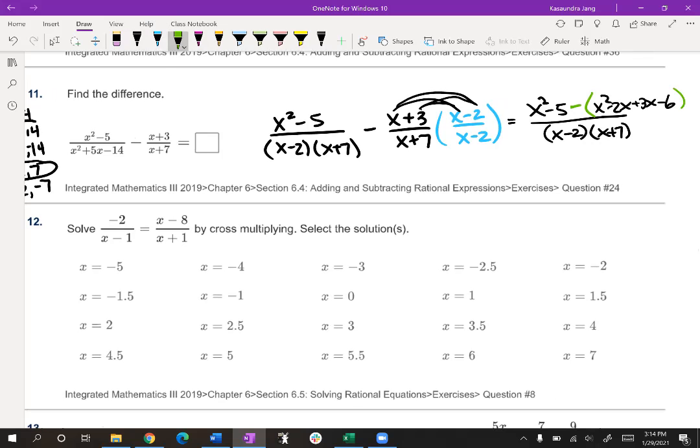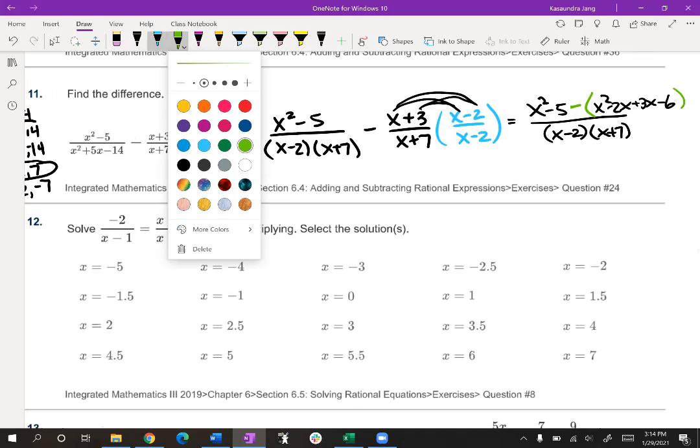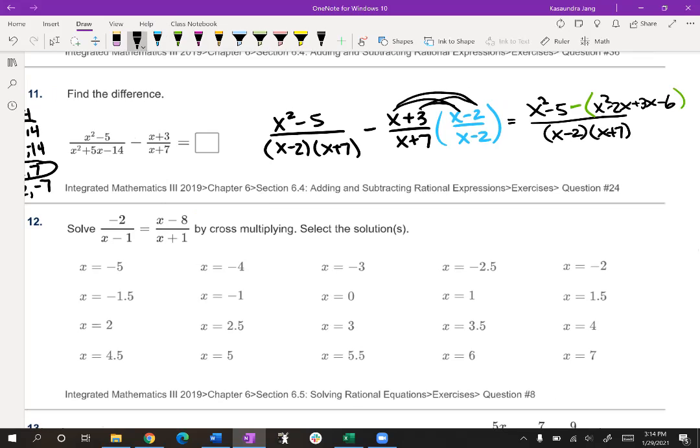Okay, so at this point, I'm going to combine my like terms. Here, x squared minus 5 still, and I still have a negative on that whole polynomial. I'm just going to combine these like terms real quick. A negative 2 and positive 3 add up to a positive 1. Like x squared plus 1x minus 6.